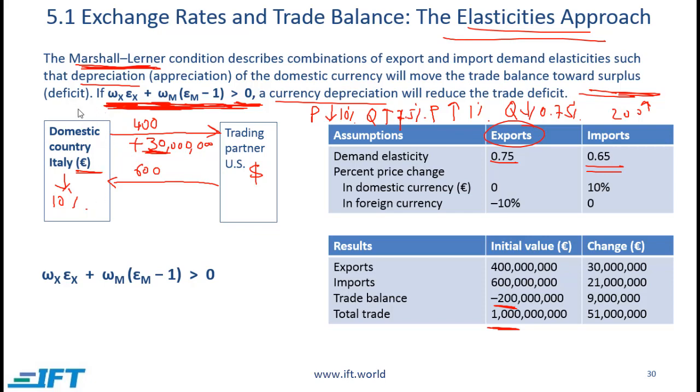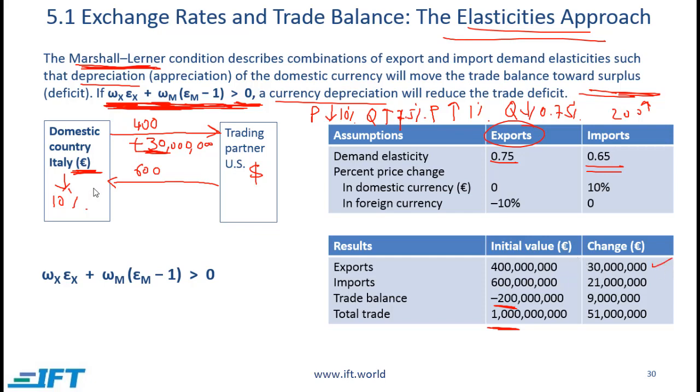Remember, our calculations are being done from an Italian perspective, so that would be a euro perspective. Italy is still getting money in euro. America is buying more. From an American perspective, things are cheaper, so they are buying more. But from the export part of the trade, Italy is getting 30 million more, and that is reflected over here.